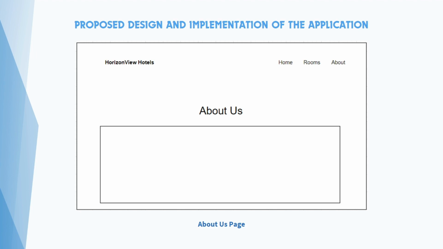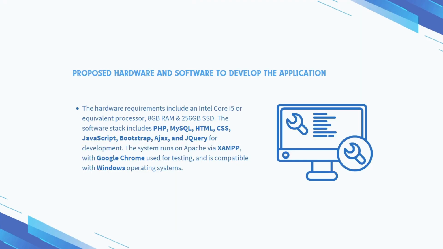So now let's discuss the hardware and software used to develop our application. So the hardware requirements include an Intel Core i5 or equivalent processor, 8 GB of RAM and a 256 GB SSD. For the software stack, we use PHP, MySQL, HTML, CSS, JavaScript, Bootstrap, Ajax, and jQuery for development.